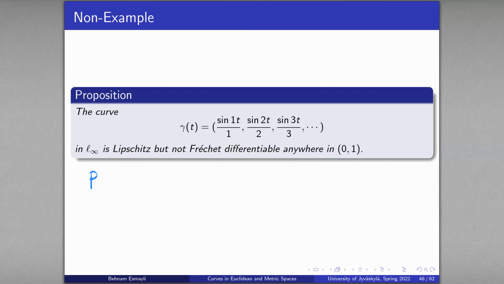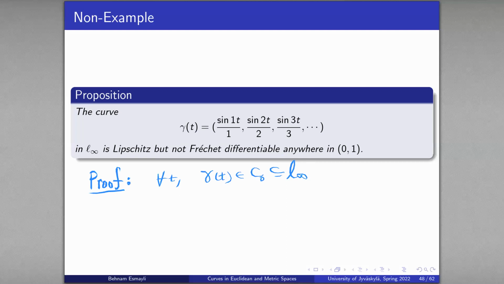here is the nice proof that I learned from my PhD advisor, Piotr Hajłasz. Well, for every t, gamma t is inside C0, this subset of L infinity of sequences that converge to 0.